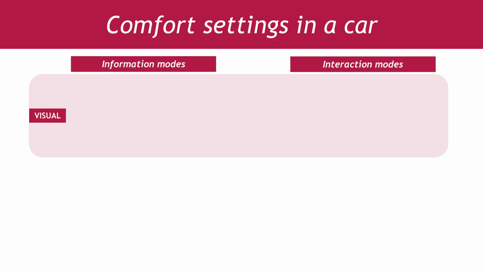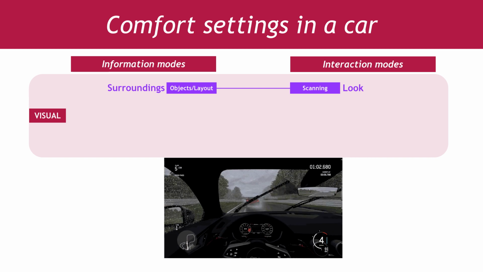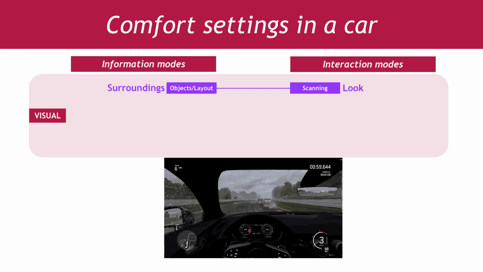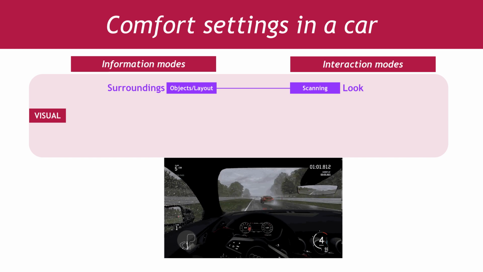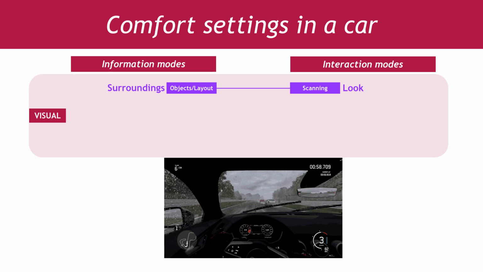So let's think about a driver adjusting the comfort settings in a car, and let's focus on visual information. The driver is relying on a lot of visual information streaming through the windshield in order to keep the car in the right place, heading in the right direction, and not hitting objects in the path.